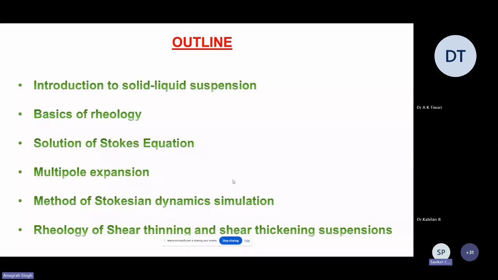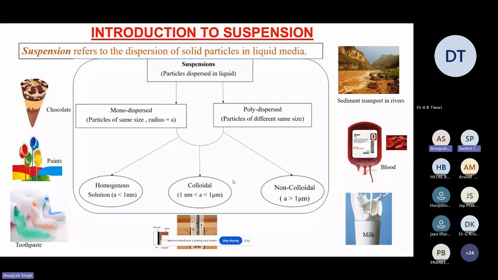Yeah. So coming to suspension, you see there are plenty of examples in day-to-day life, right from food products, chocolate, you have milk, and then industrial like paints, daily use toothpaste. Even our blood is a suspension of solid particles in liquid medium.